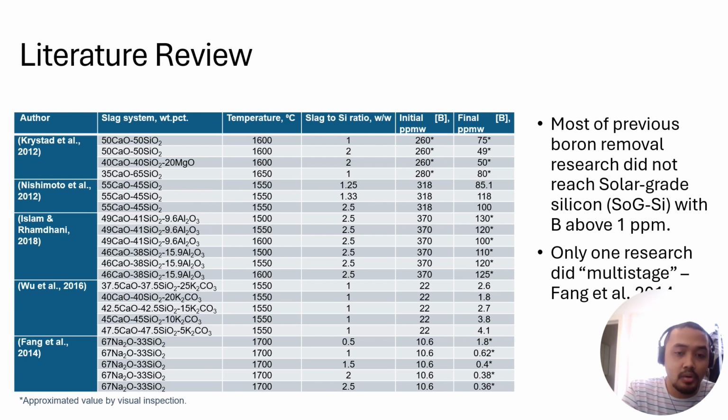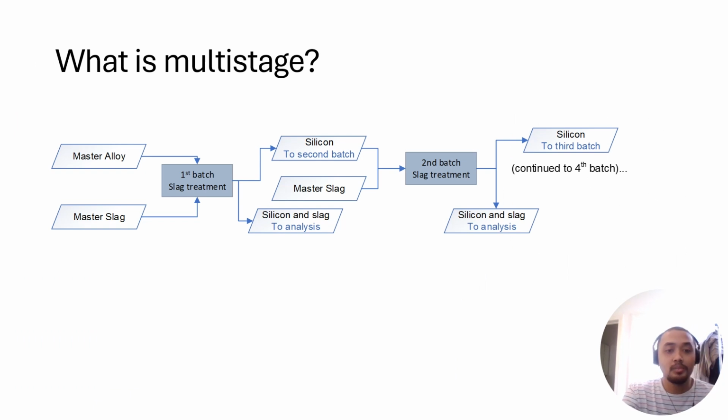And it was the only one that successfully reduced the amount of boron in the silicon from 10.6 ppm to below 1 ppm. That is very good, because almost all the other researchers are not that successful because they are only doing one stage. So what is multi-stage?